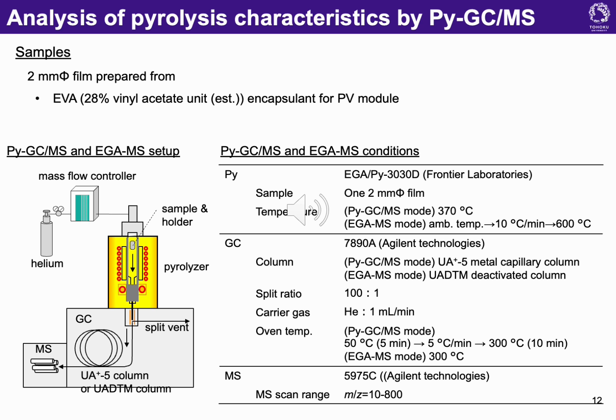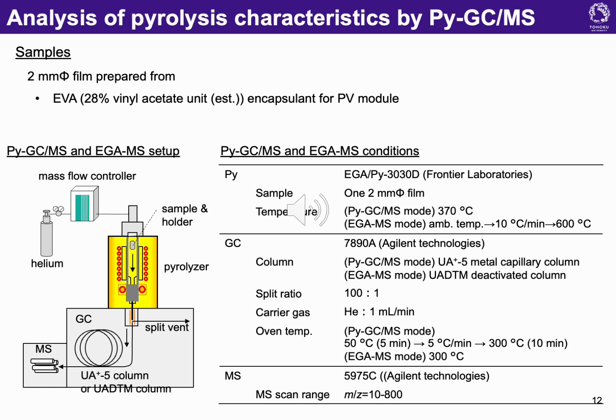Furthermore, the UV-deteriorated EVA encapsulants were analyzed by EGA-MS and PY-GC-MS methods to predict the structure of the aged EVA encapsulant from the pyrolysis characteristics. For EGA-MS analysis, the fresh and aged EVA encapsulants were decomposed by heating from 50 to 900 degrees at a rate of 10 degrees per minute.